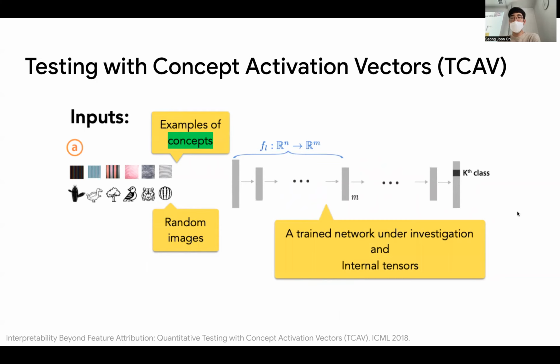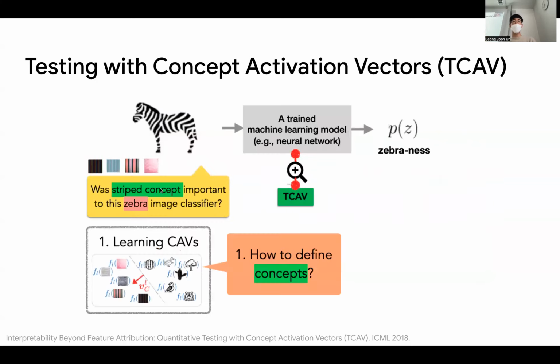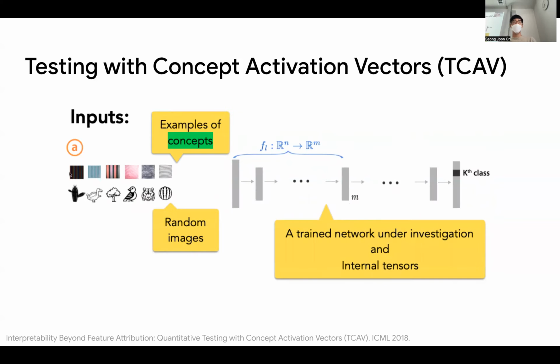Let's say we have a neural network like this one, and we pick one of the intermediate layers with dimension m. And what we do is we prepare a set of examples for positive classes and negative classes. Well, actually, we only need the positive classes for the concept striped. The above images are the striped concept images containing stripe, and the below is any random image.